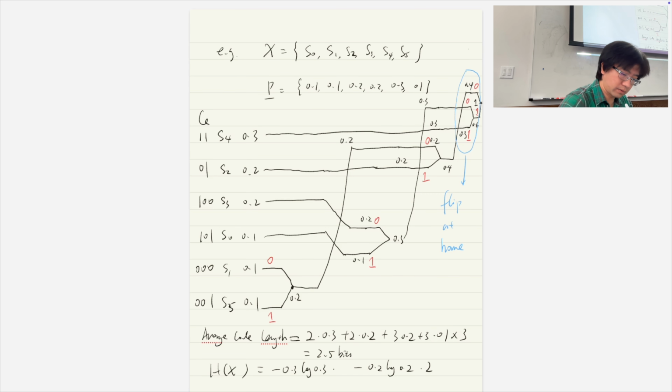And then we minus 0.2 log 0.2. Wait, 0.1, right? It's weird what I wrote here. And then we have 3 here. Okay, so this is what we got.